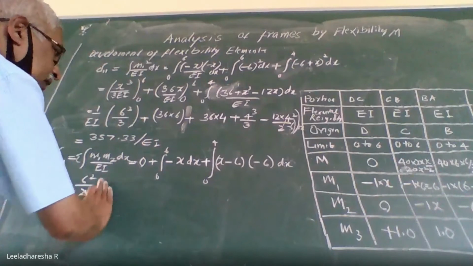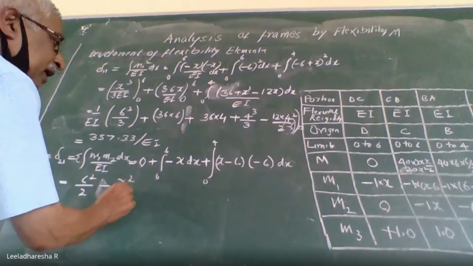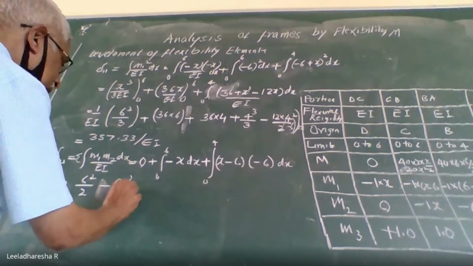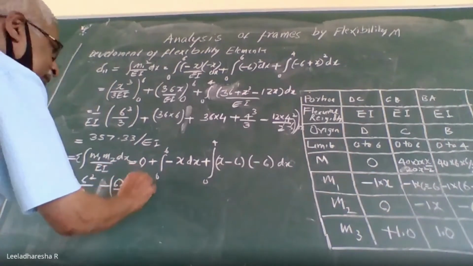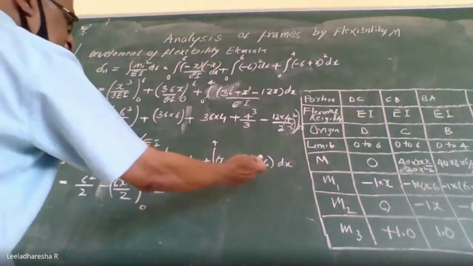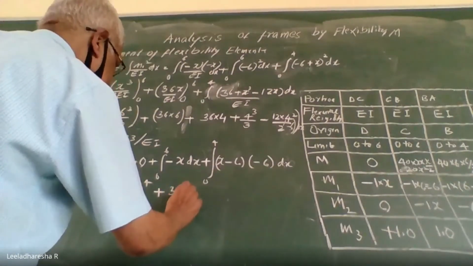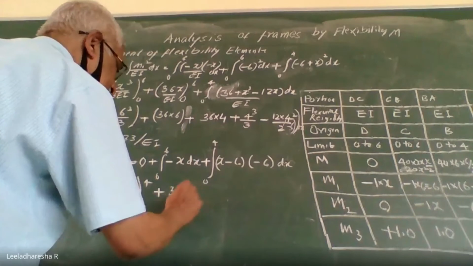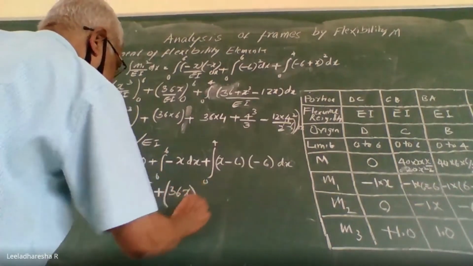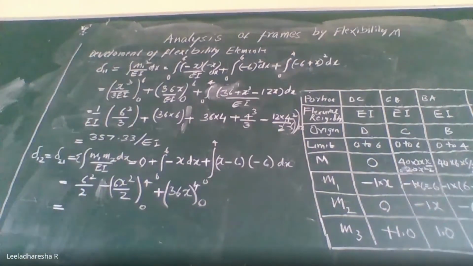So minus x square by 2, minus 6x square divided by 2 between the limits 0 to 4, plus minus 6 you get plus 36x, that's all, between the limits 0 to 4. So on simplifying, you get delta 1 2 equal to 204 by EI.